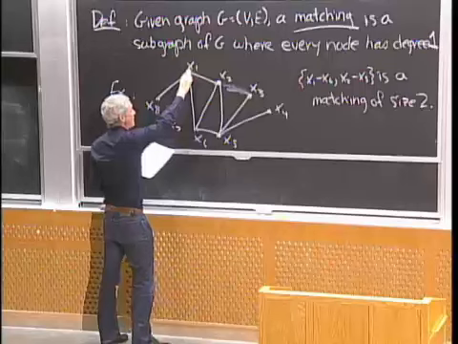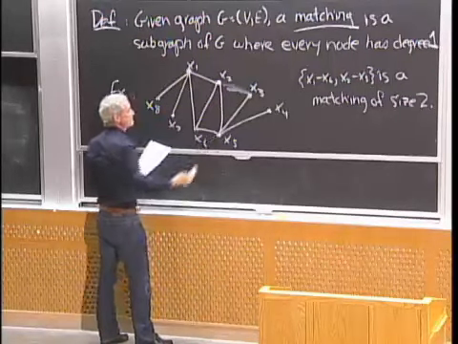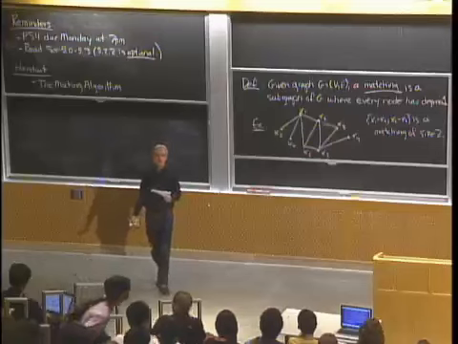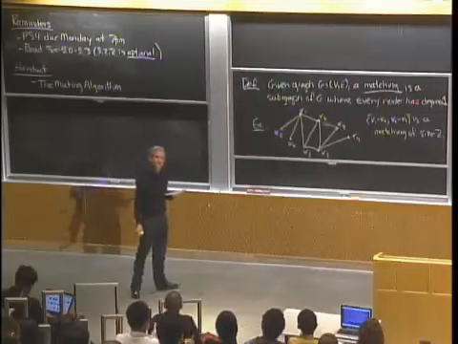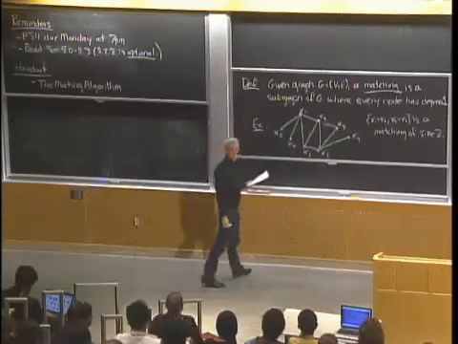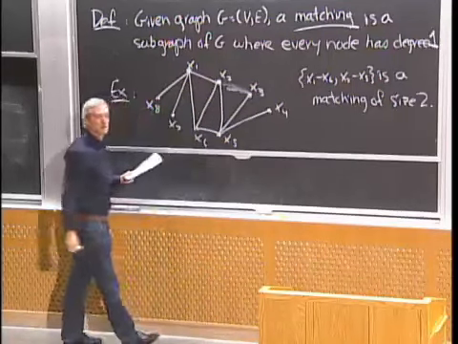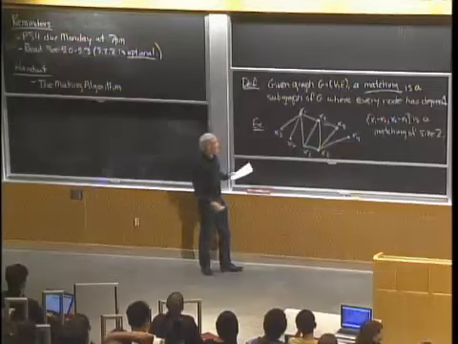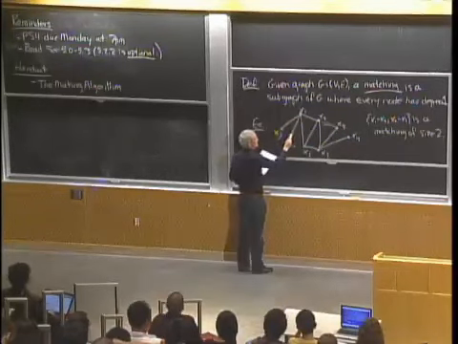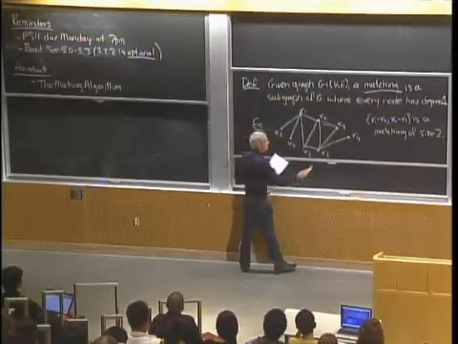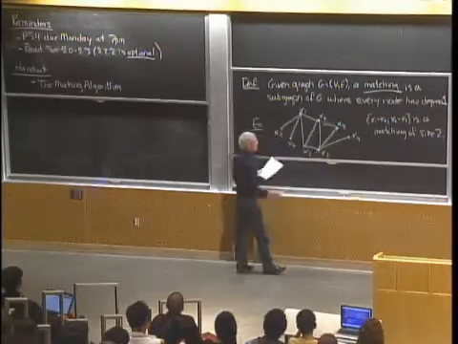So I can pair these guys up and pair these guys up. Is there any bigger matching in this graph? So I found one with two marriages, two edges. Yeah? x1, x7, x2, x6. Good. That's a matching of size 3.